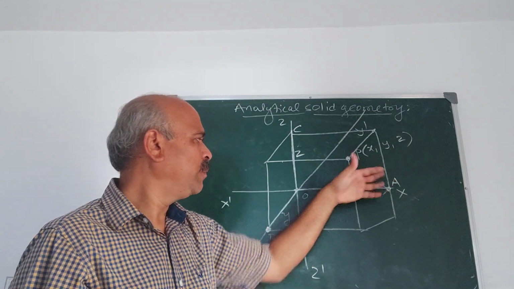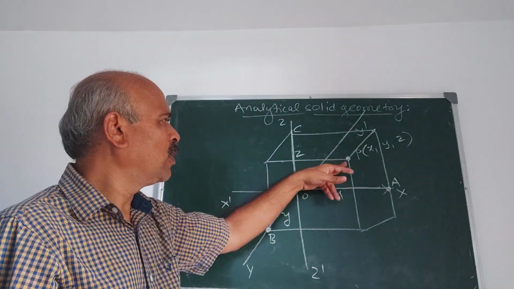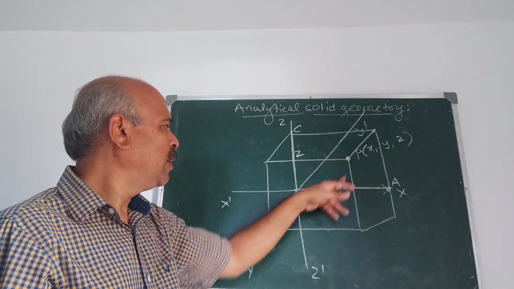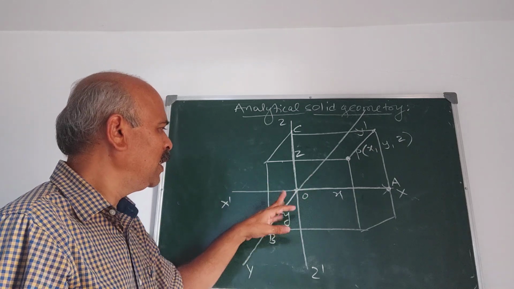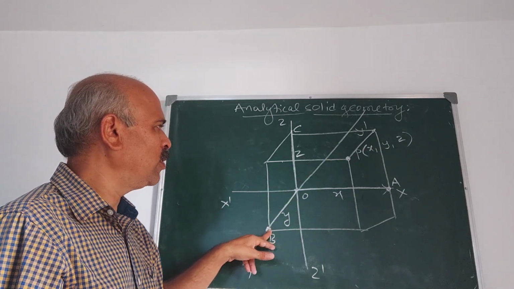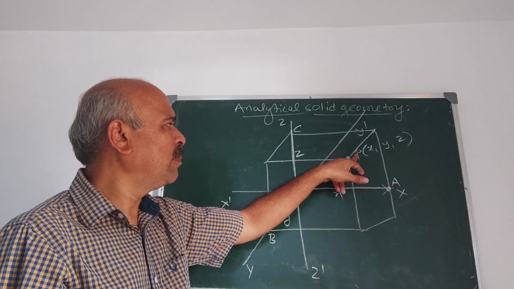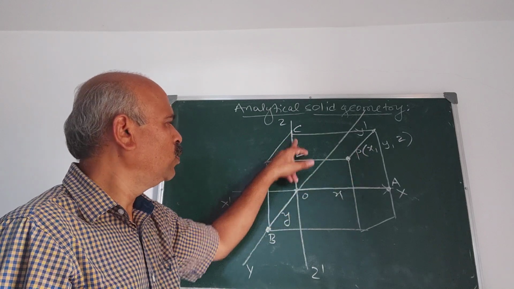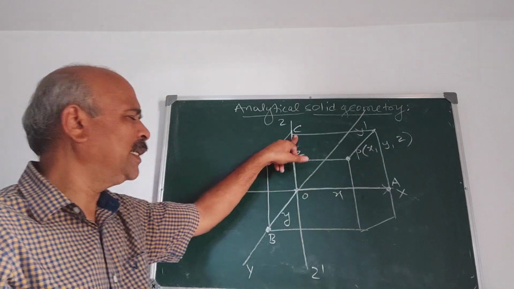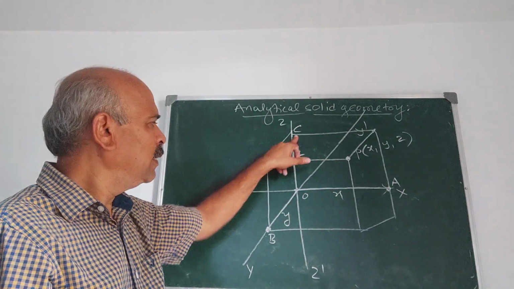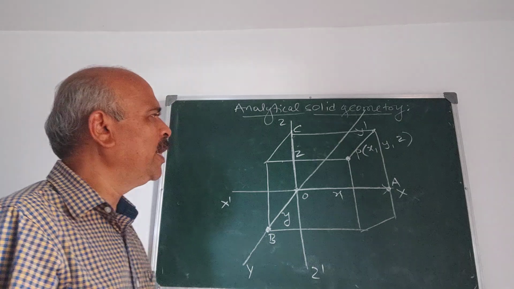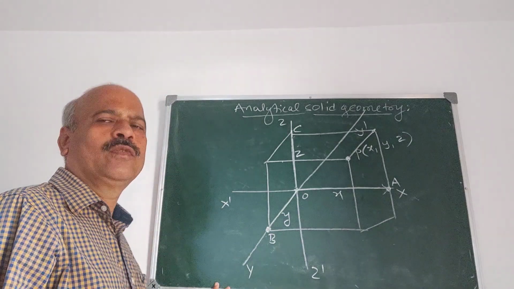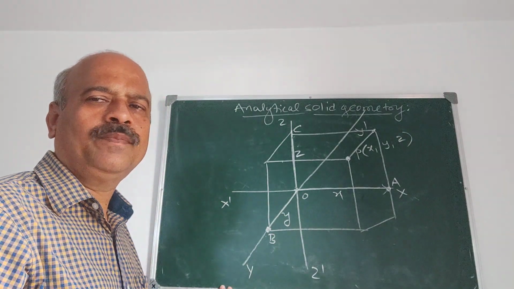If we draw a plane through P perpendicular to the y-axis, it meets the y-axis at this point. This perpendicular plane through P to the z-axis meets the z-axis at C. And these OA, OC, OB are called the x, y, z coordinates of the point.